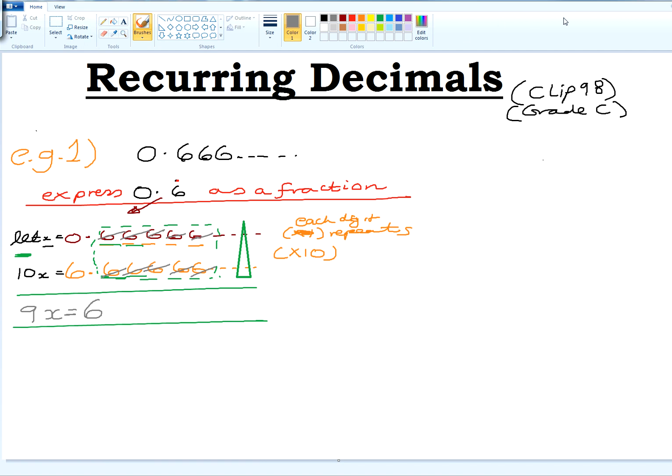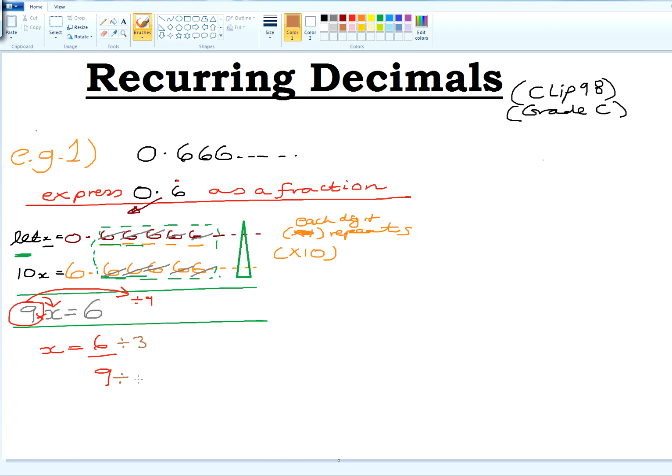Now it should be quite straightforward for us to work out the value of x. So x times by 9. The opposite of times by 9 is divide by 9. So we say x is equal to 6 divided by 9. Now we need to do simplifying in the traditional sense of dividing top and bottom by the highest common factor of this fraction.